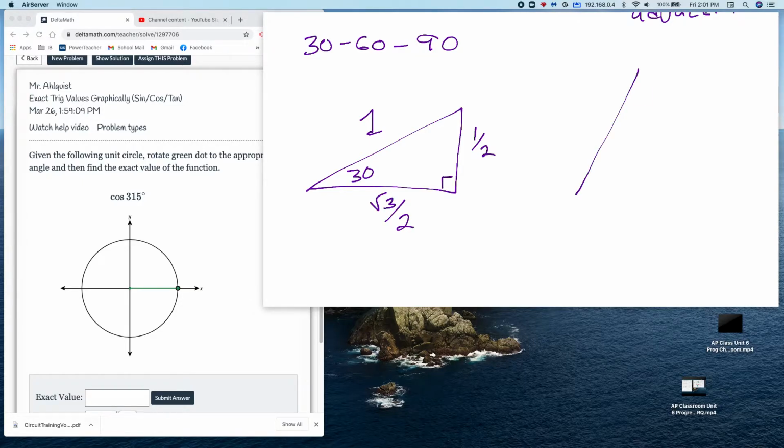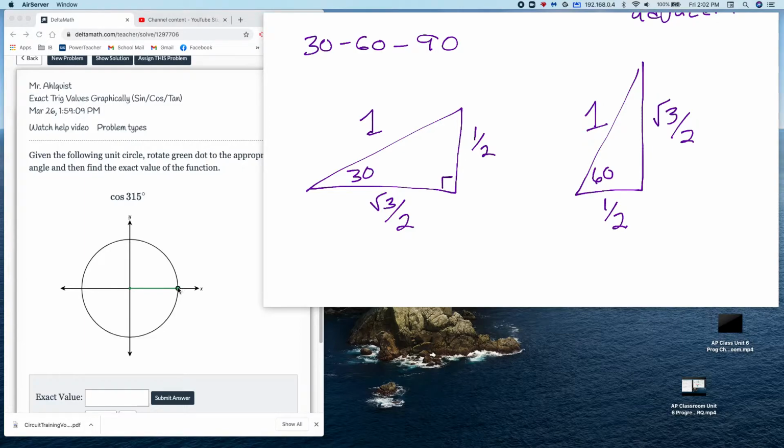But then if you flip it and make it a 60 degree reference angle, then the adjacent is 1/2, the opposite is the square root of 3 over 2, and the hypotenuse is 1. Now you'll see Delta Math really generalize this a little bit when you start to draw these, and as you do more and more of them, you'll see how they're generalized as well.